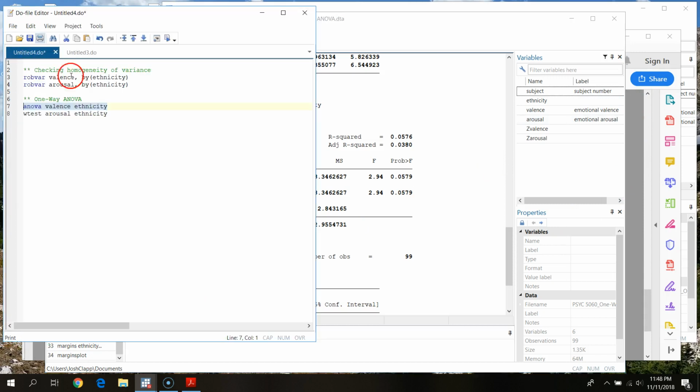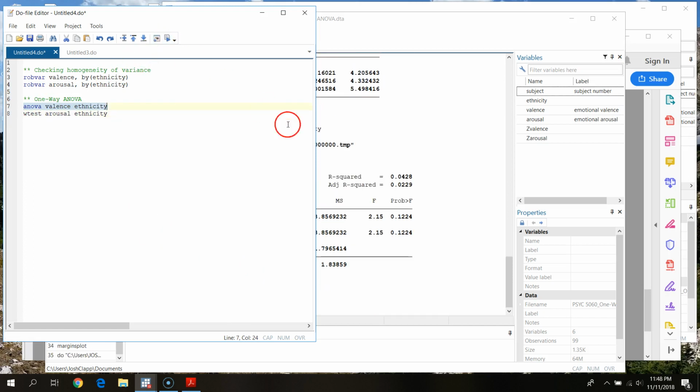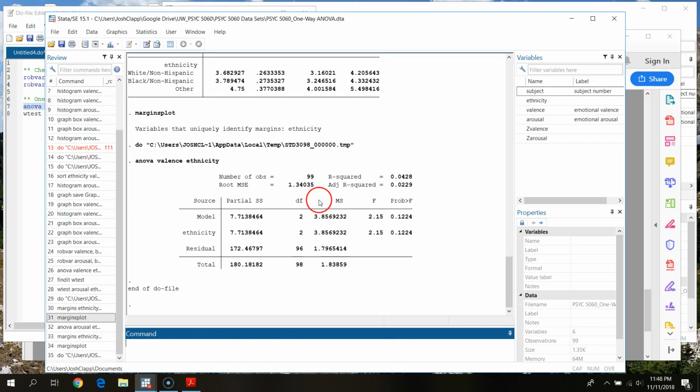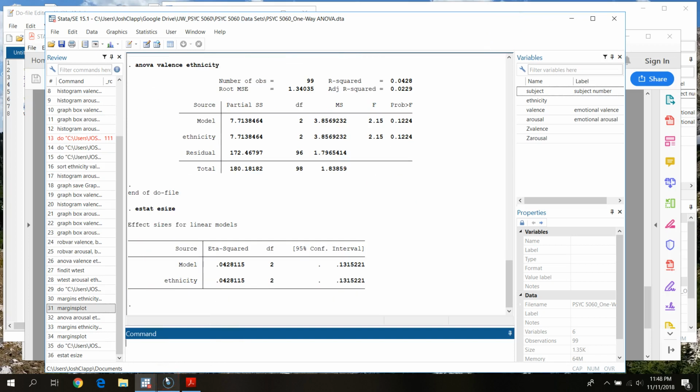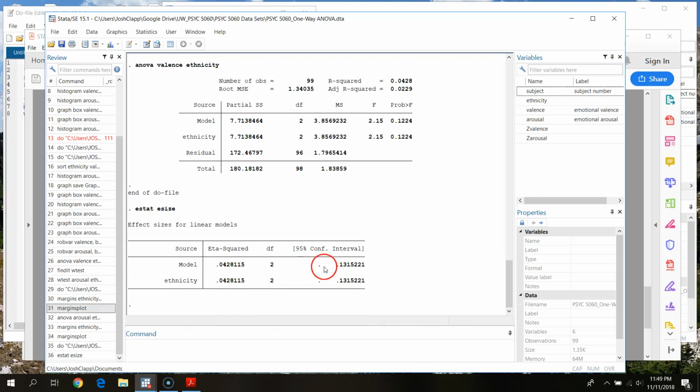So if I go back up and run the model for my valence ANOVA, and then I type in estat esize, this has gone through and calculated my eta squared for me, and also calculated a 95% confidence interval around that.